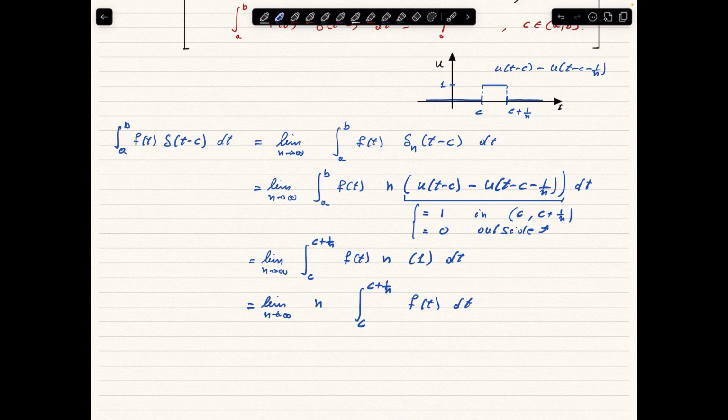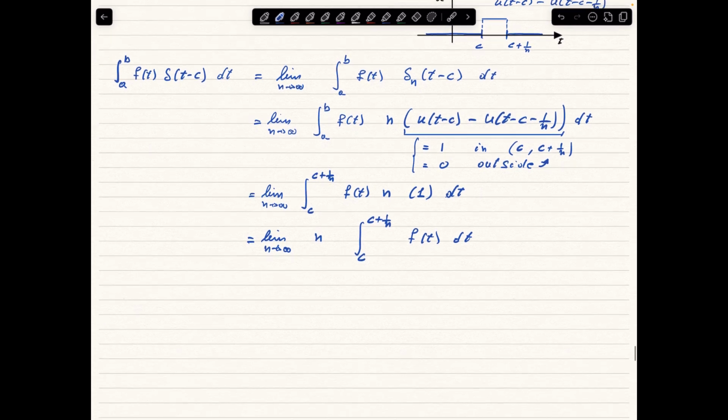Okay, what is that? In order to see what is happening here, it's better to introduce a new notation, which is the function big F of t, which is going to be the antiderivative, any antiderivative of small f dt.